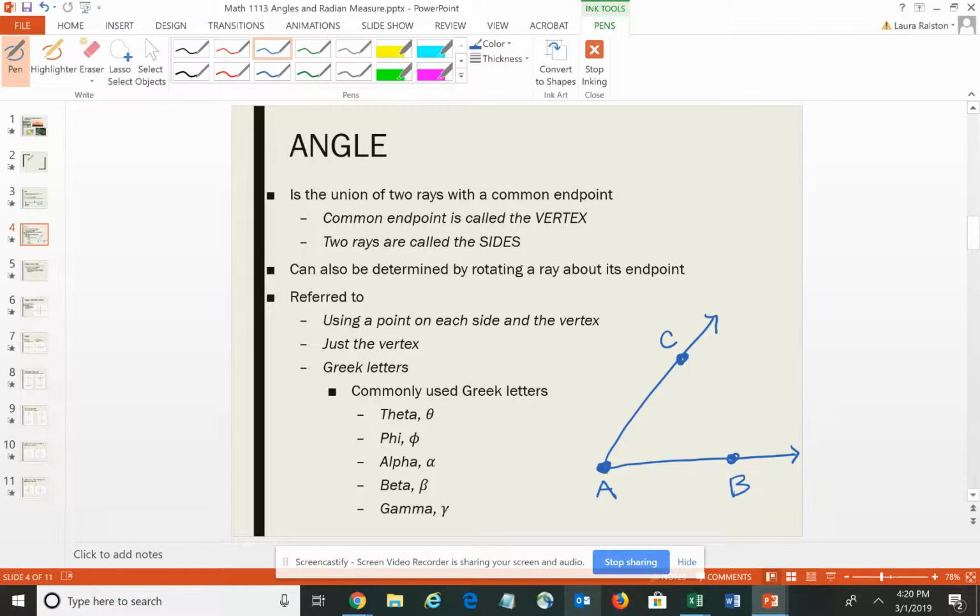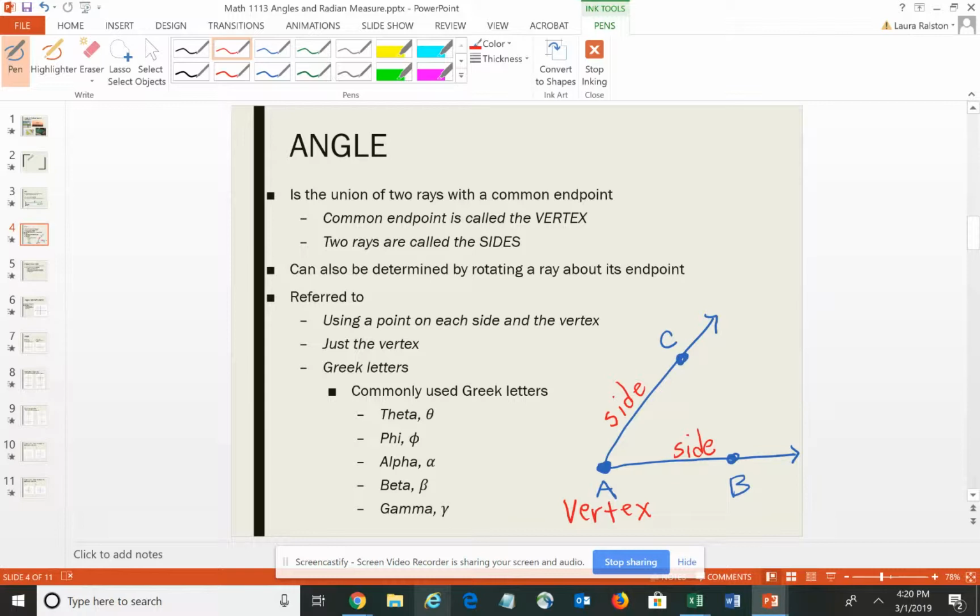That common endpoint that the two rays share is called the vertex. And so in our drawing here, the vertex is point A, and then the two rays are called the sides of it.